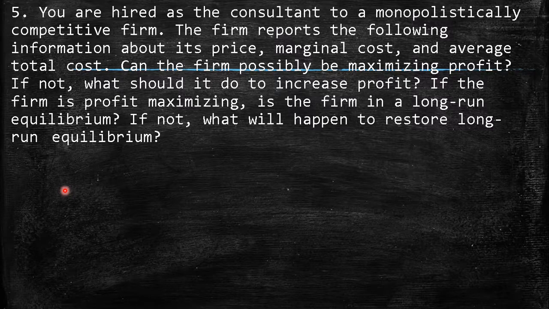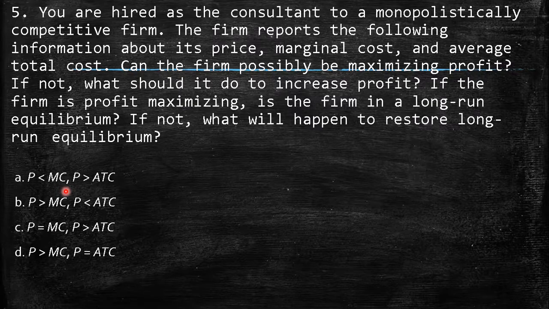If not, what will happen to restore long run equilibrium? So basically those are the ideas when we have different relationships between price and marginal cost. So we would need to verify what the condition is for the monopolistically competitive firm. What is the condition about price? And we are talking about the long run.